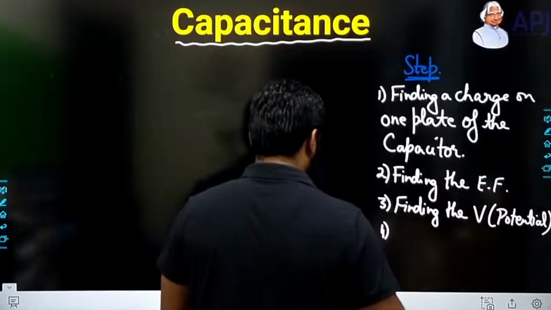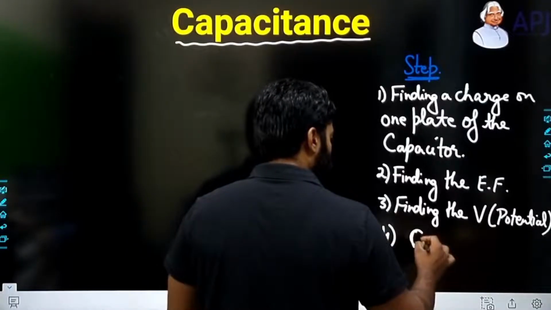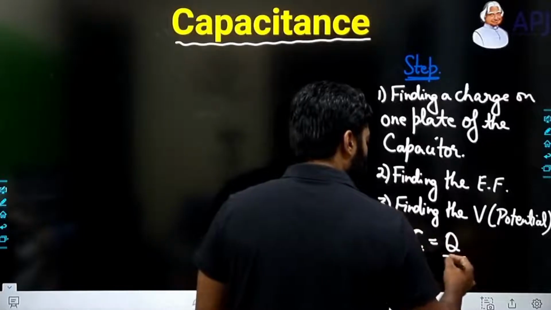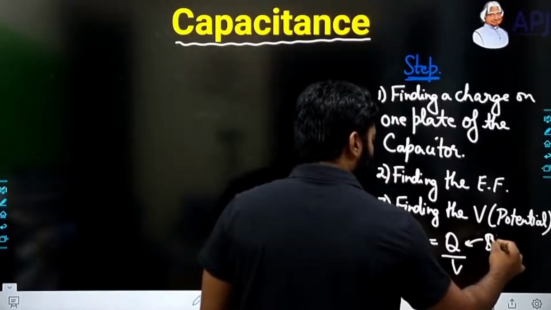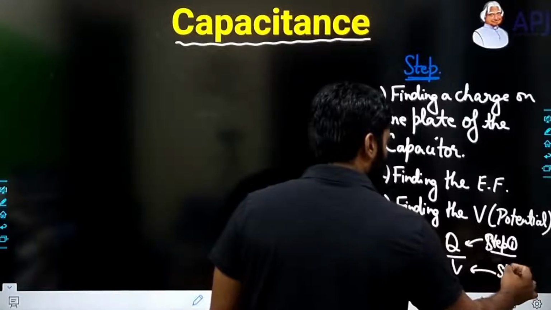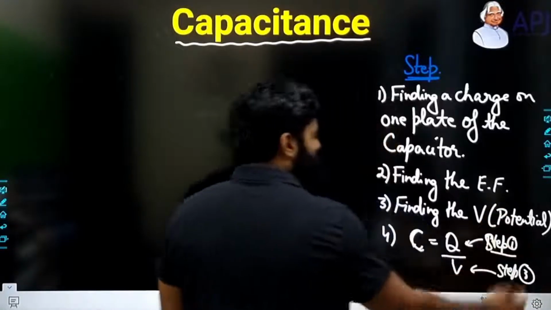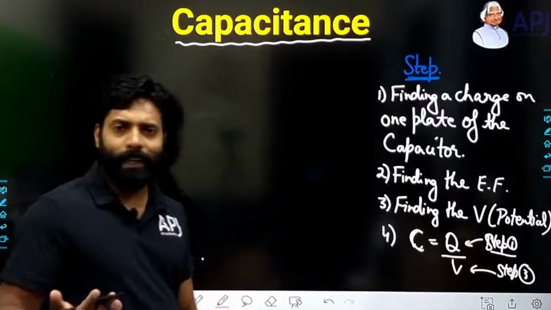The fourth point is finding C, and C is equal to Q by V. This is from part 1, step 1, and this is from step 3. And finding the potential is very easy, because V is equal to ED, we already know.